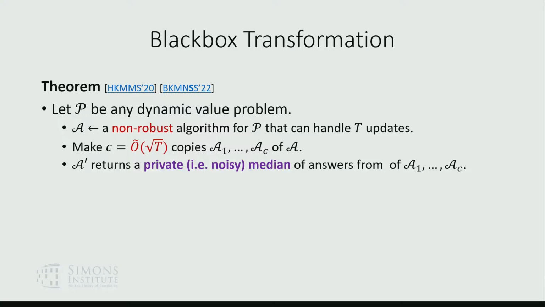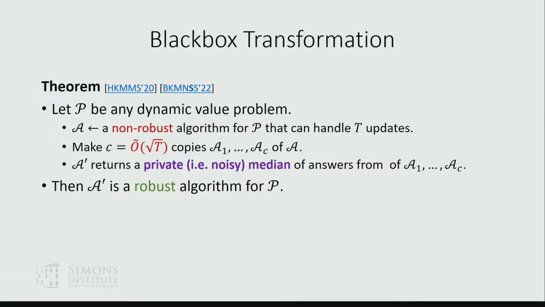So you just compute the query on these guys, look at the approximate median and add a bit of noise, precisely exponential noise. But it doesn't matter too much what exactly this noise is. It's just some noisy version of the median. And one can prove formally that now A prime is actually robust.